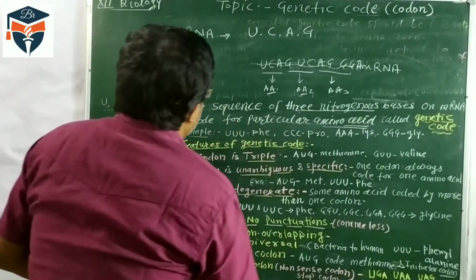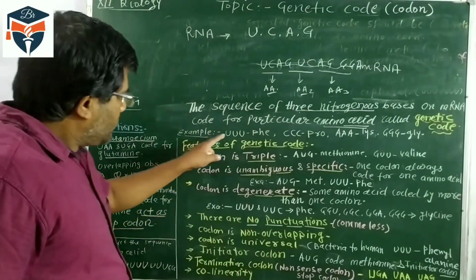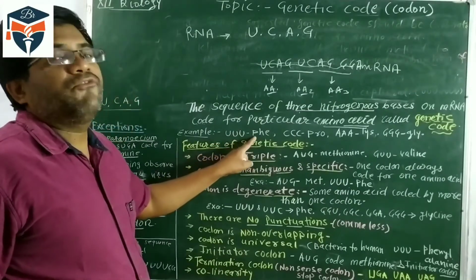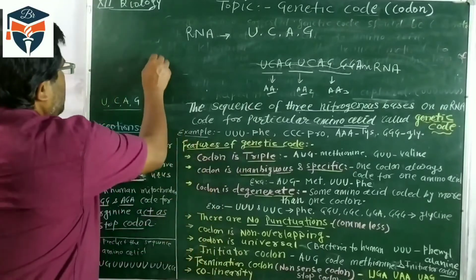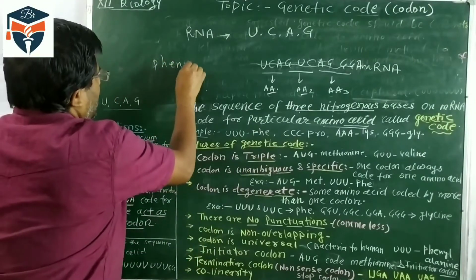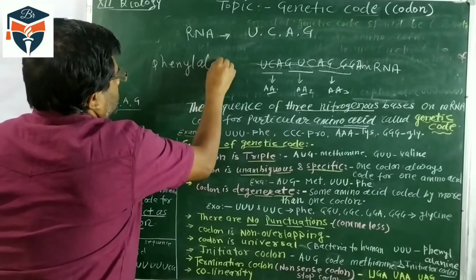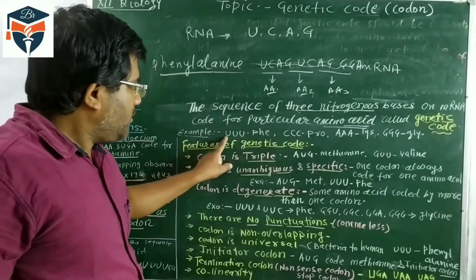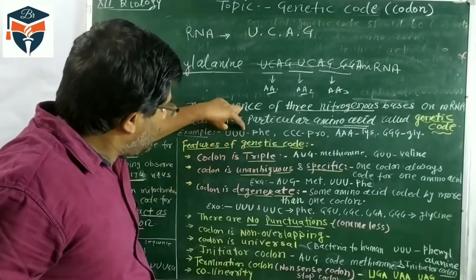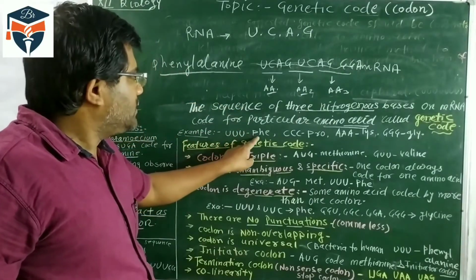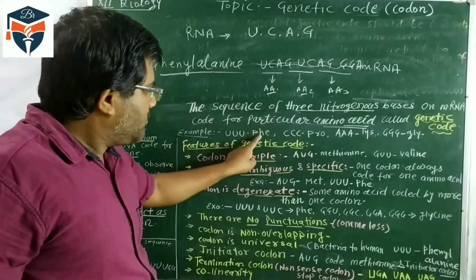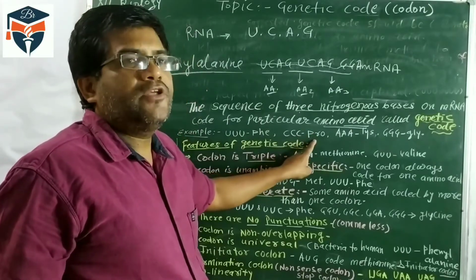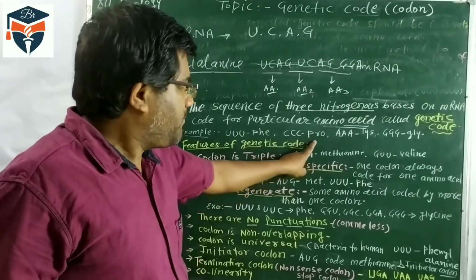For example, we can say U, 3 nitrogenous bases U, form phenylalanine. This phenylalanine is the amino acid, and this amino acid is formed by U. This means 3 nitrogenous bases U synthesize the phenylalanine. Similarly, C synthesizes proline.